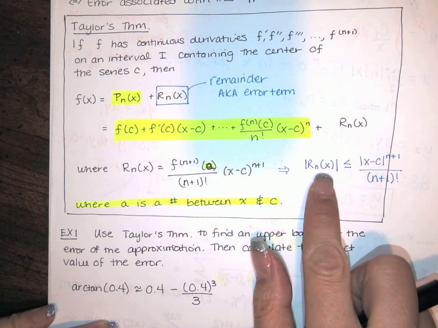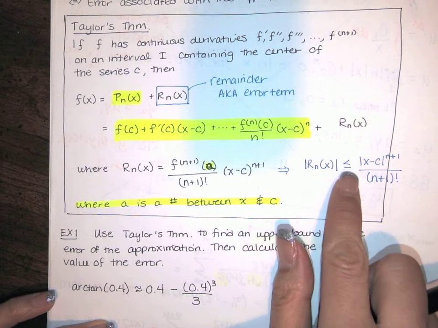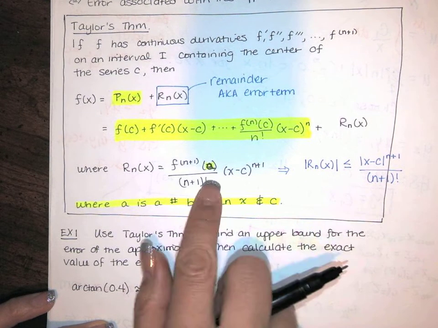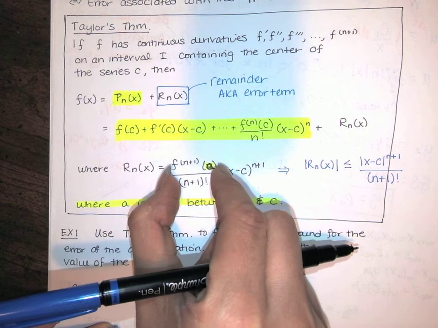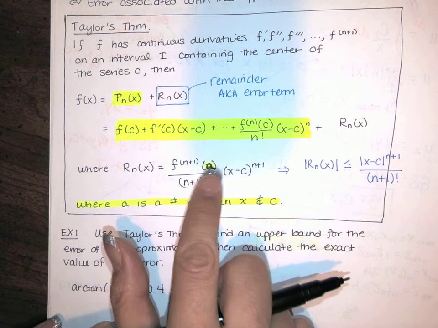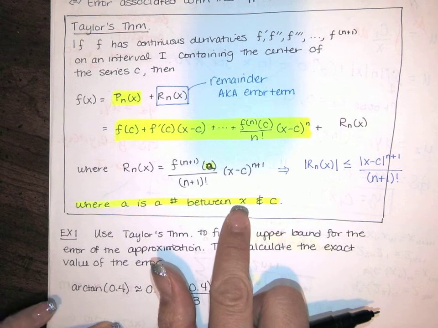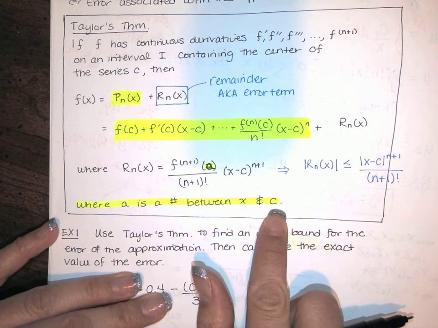But the absolute value of the error, the magnitude of the error, is always less than or equal to this times the maximum value of this. So that's the maximum value of the n+1th derivative at any x value between x, the value where we are approximating the function, and c, the center of the series.